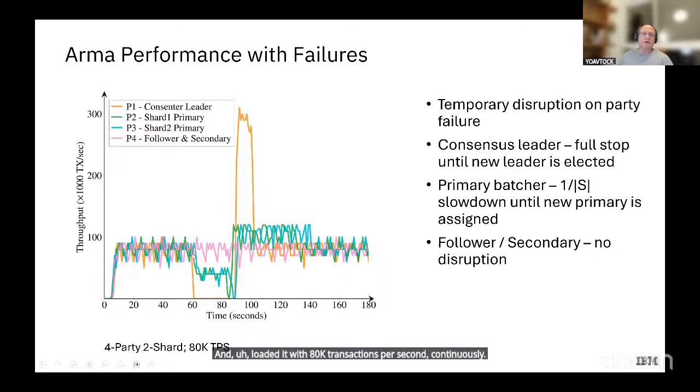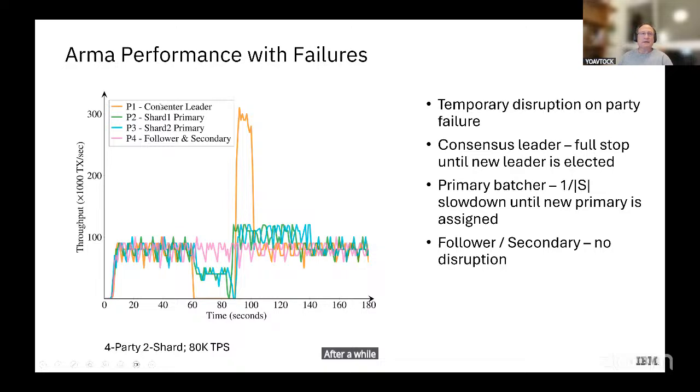And then at some point in the graph, at 60 seconds, we dropped a party. We shut down a party. And what we see is a temporary disruption on party failure, which corrects itself and goes back to the same level of sustained performance, 80K, after a while.